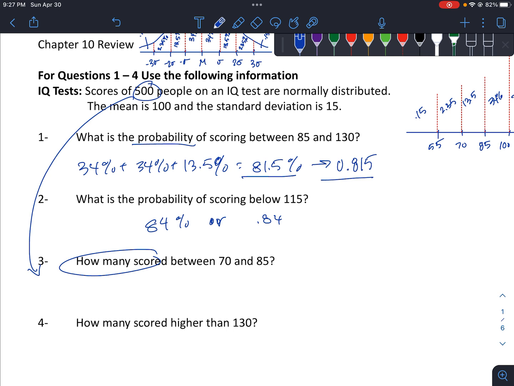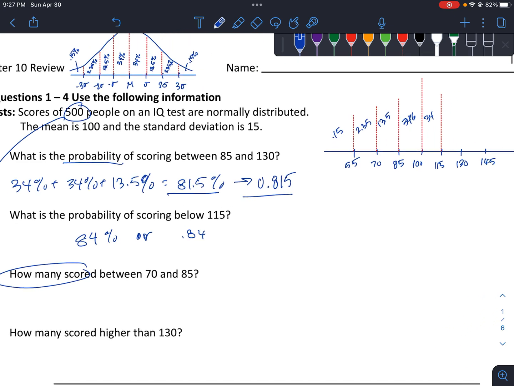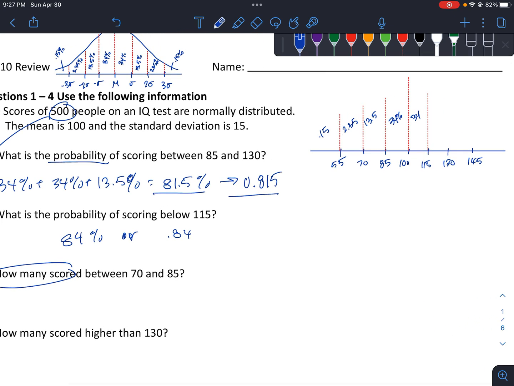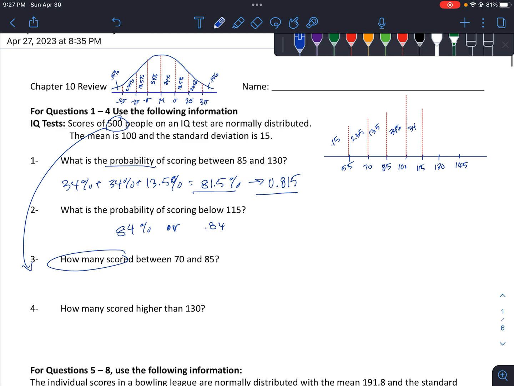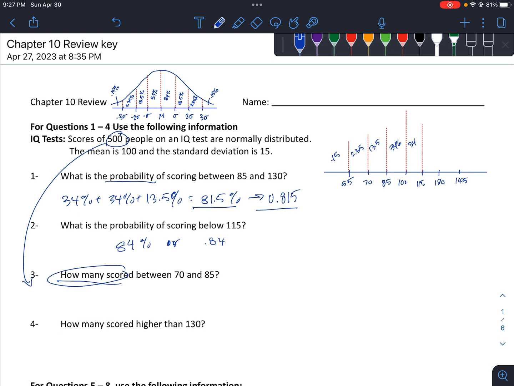The only way I could put 500 is if we asked how many scored between 55 and 145, upwards to maybe 99.9%. Whenever you're answering questions that say how many, you should never have an answer greater than the number given up there.